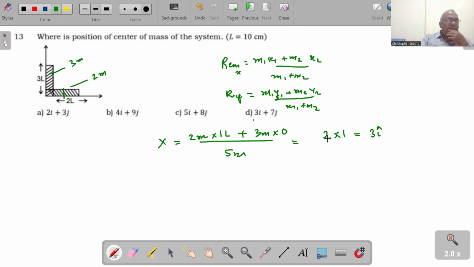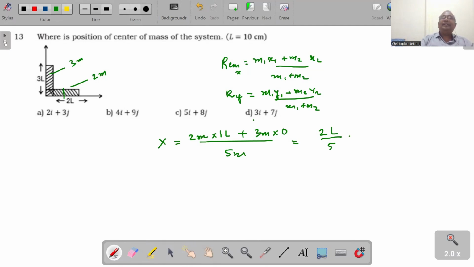So its answer is, there is a 5 at the bottom, so 2 into 1 divided by 5. Next, I missed the L there, so let me say it again: 2m into L divided by 5m, m gets cancelled.